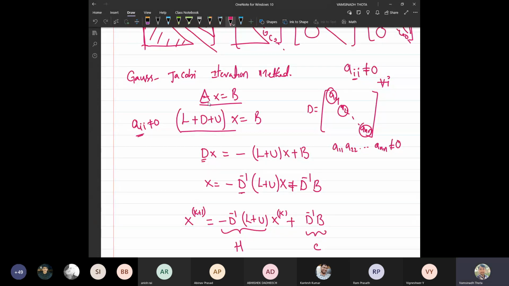Okay, so I will stop the section here. Tomorrow we are going to see two methods: Gauss-Jacobi iteration method and Gauss-Seidel iteration method. And if possible, we will also do some examples. The plan is the next two sections we are going to deal with the Gauss-Jacobi iteration method and the Gauss-Seidel iteration method. And in the third section, what we are going to see is the convergence criteria and the cost, the number of operations it will consume over time.